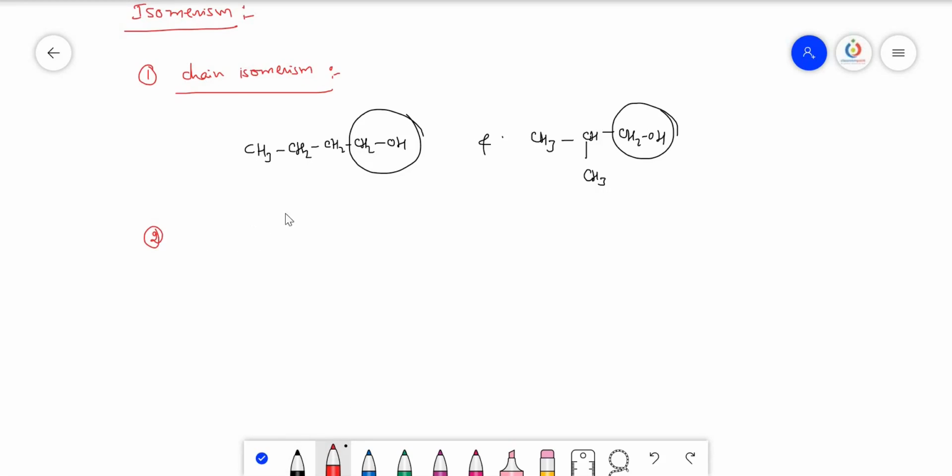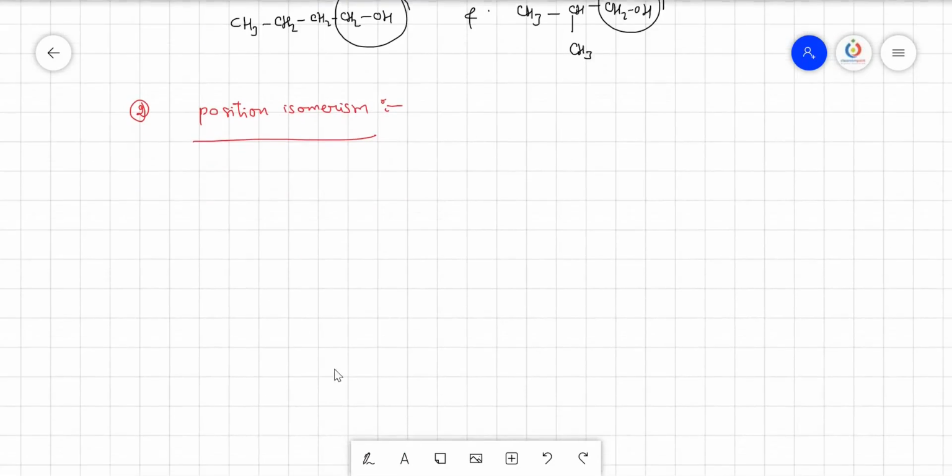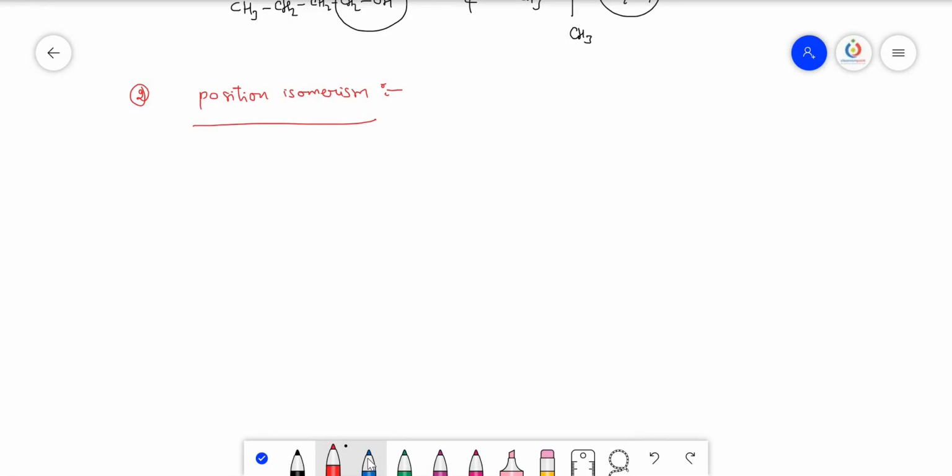And the second one is position isomerism. Position isomerism means the position of the OH group, the functional group, differs, but remaining everything remains the same. So let's take an example of this.